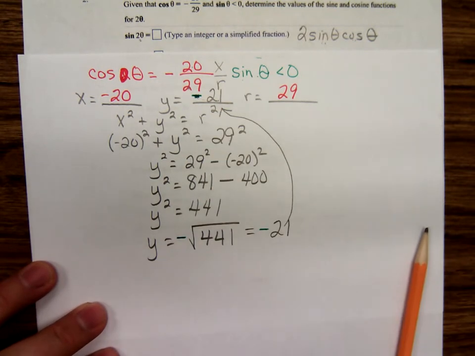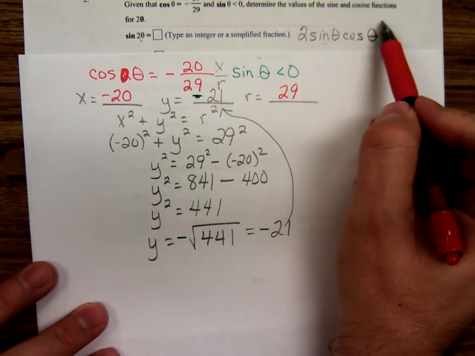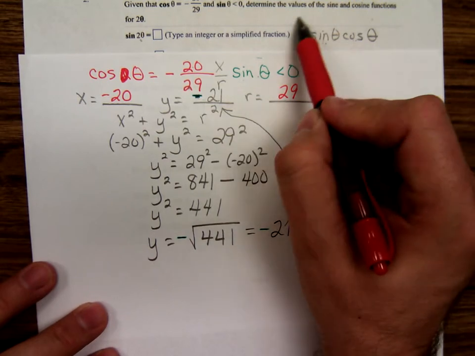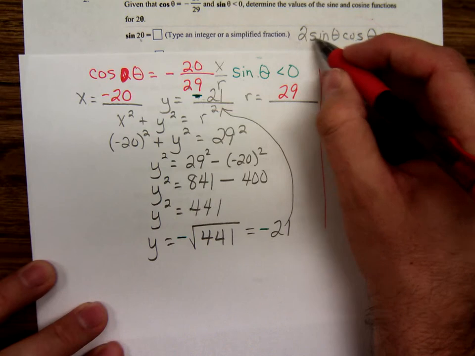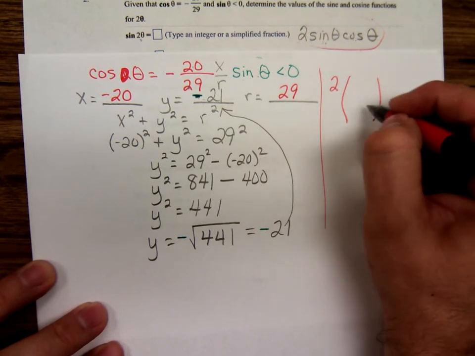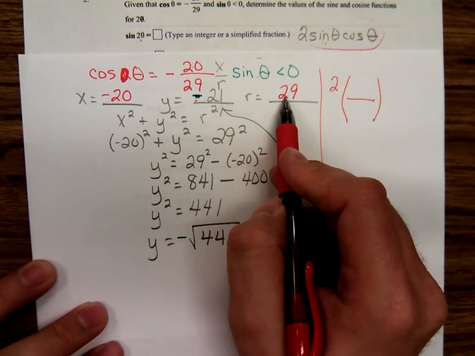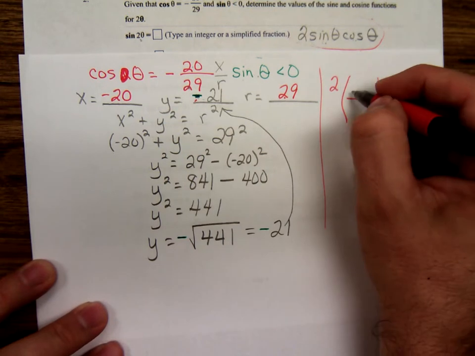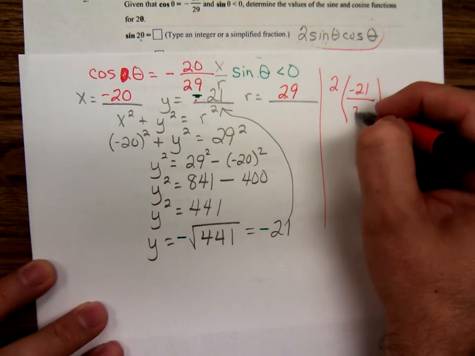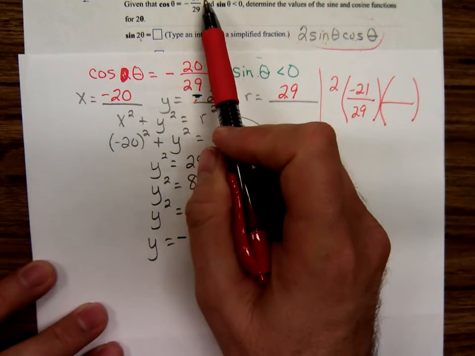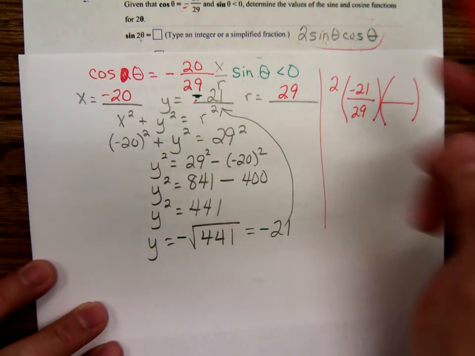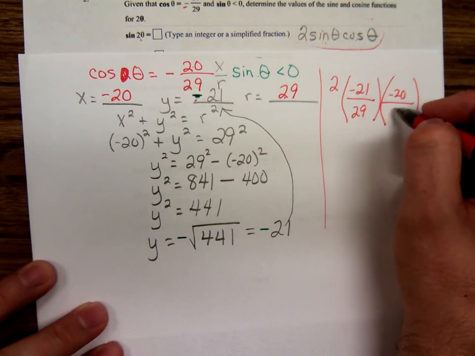Sine theta. Remember what we're trying to find: 2 times sine theta cosine theta. So I'm going to come here. 2 sine theta, y over r, so negative 21 over 29. Cosine theta, we were told, is negative 20 over 29.